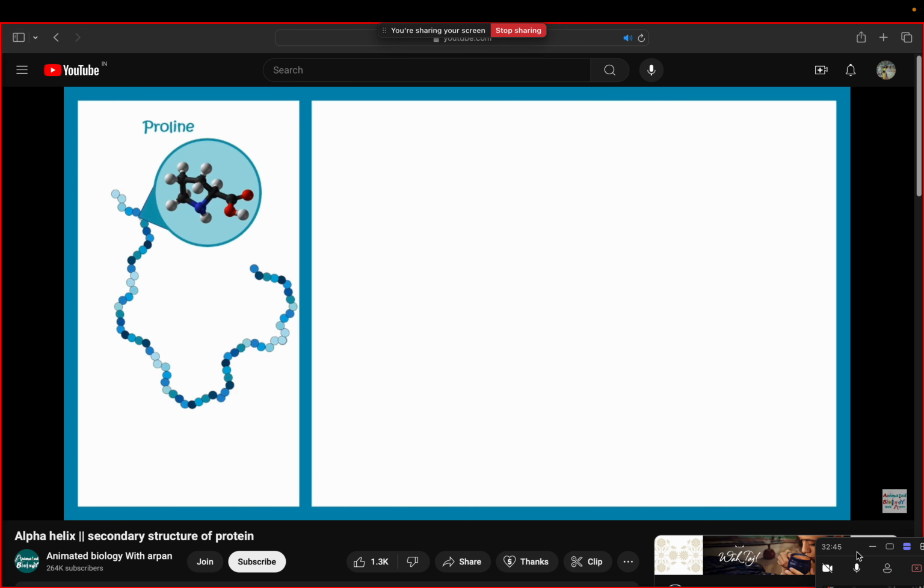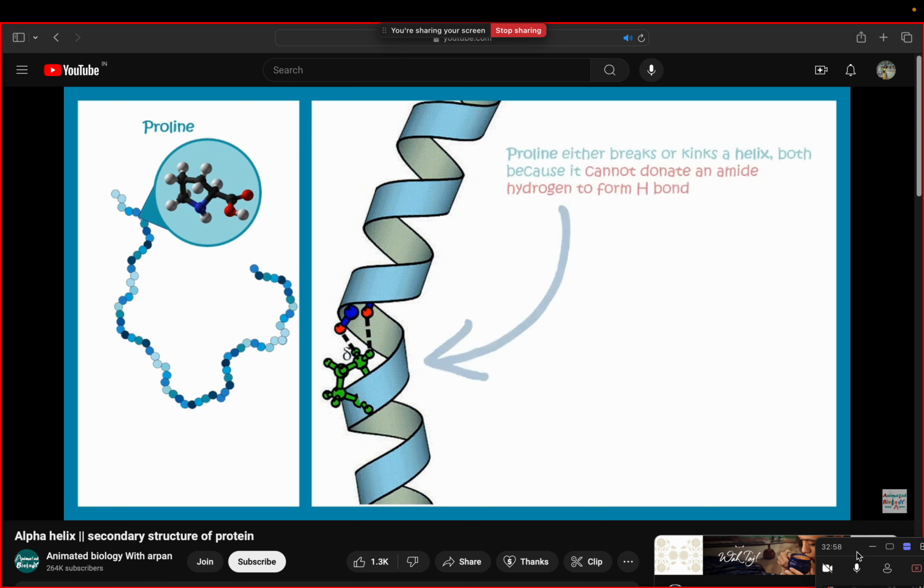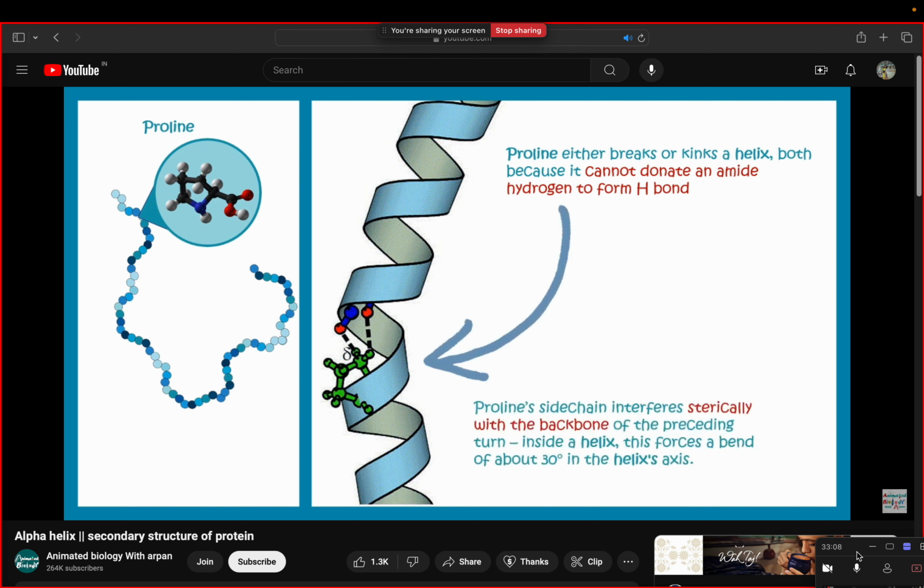Other amino acids such as proline are also termed helix breakers, because once proline is present in a secondary structure, it would create a tilt in the secondary structure, as you can see here. The amide hydrogen of proline cannot be used to make hydrogen bonds.